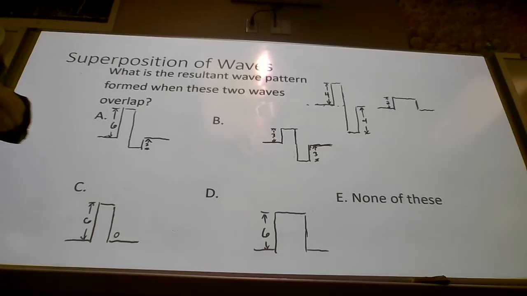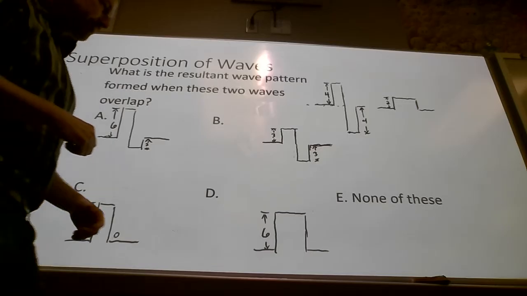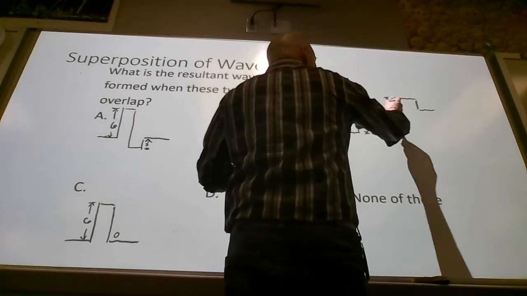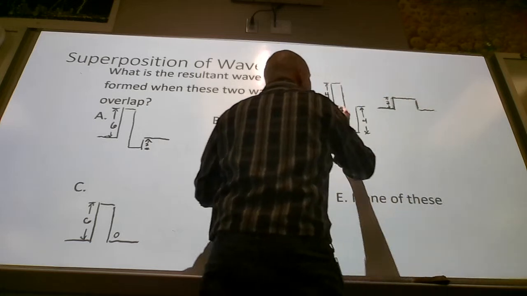Tell your neighbor. What do you say? That's votes for A. So let's say this is green.